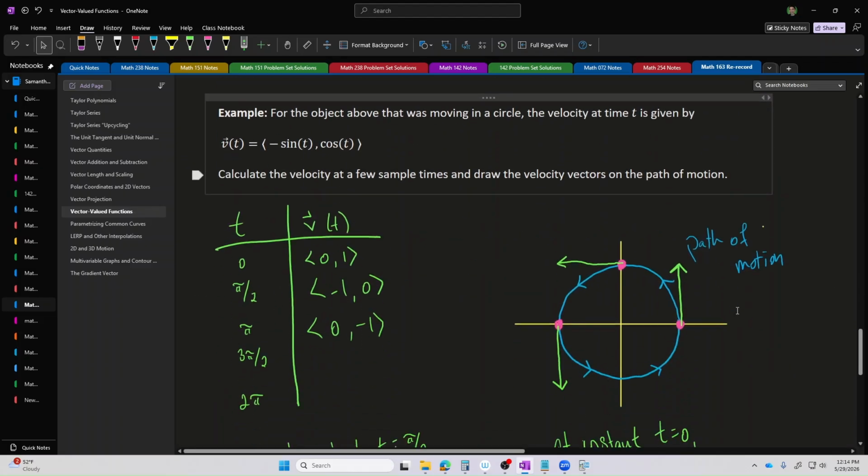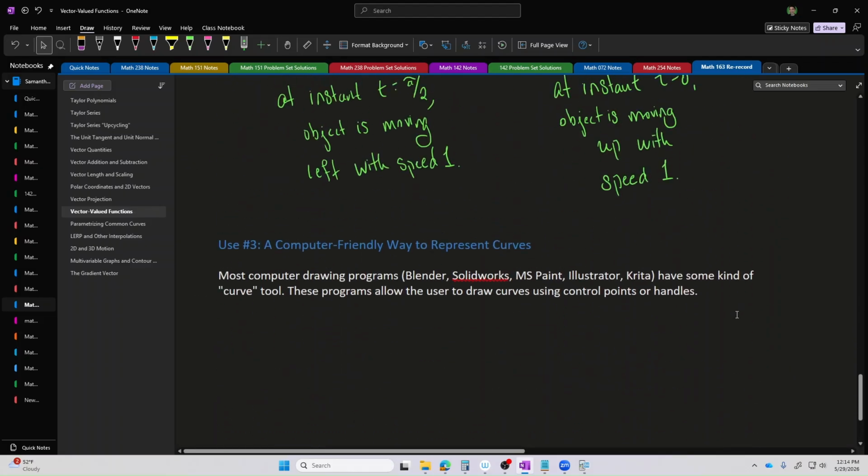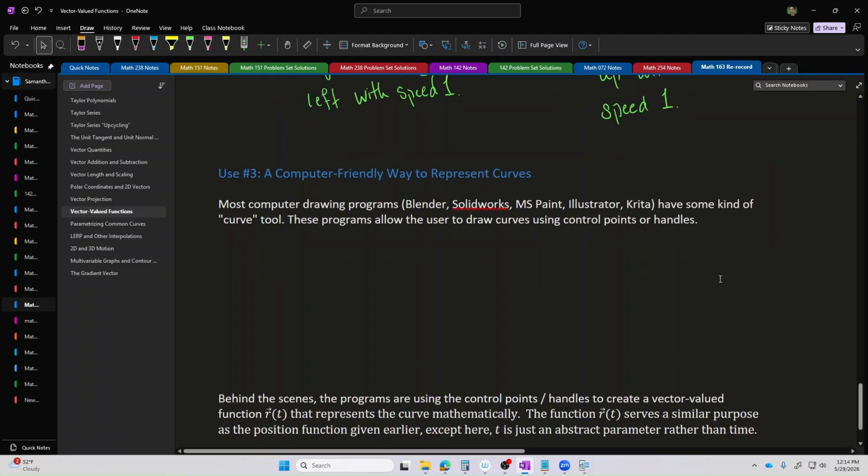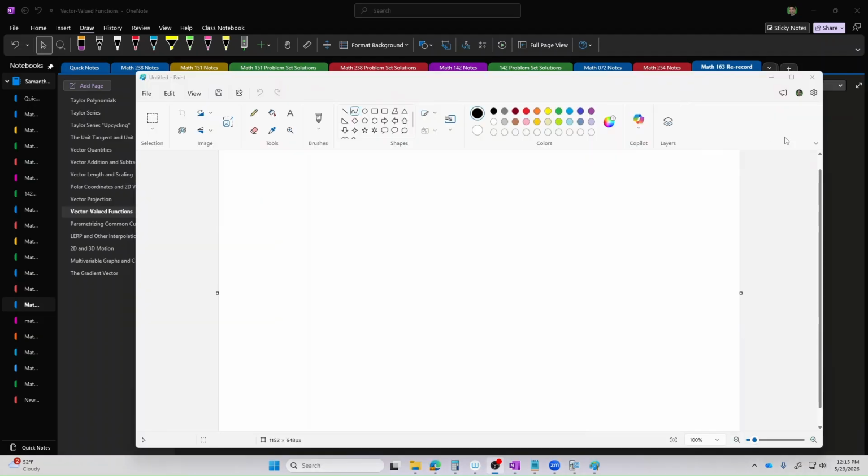So the last major category of uses for vector valued functions is that they give us a really nice way to represent curves within a computer. So perhaps some of you have used a curve tool in a program like Illustrator or Blender or SolidWorks, or even something as simple as Paint.